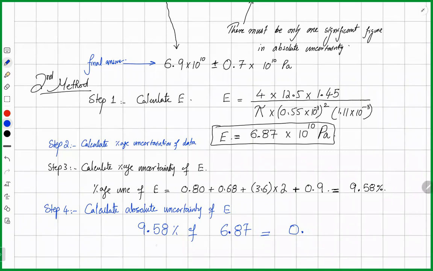Can't you find just 9.58% of 6.87? Sir, 0.65. Is it 0.6 or is there a number next to 0.6? There's a number next to 0.6. It's 5. So if there is a number 5 after 6, you cannot just say it is 0.6. It has to be 0.7.